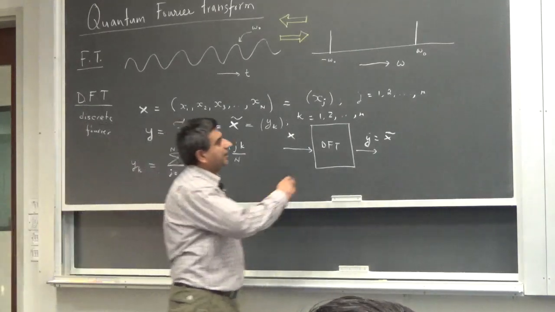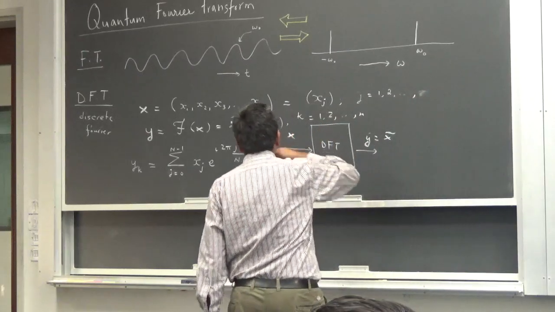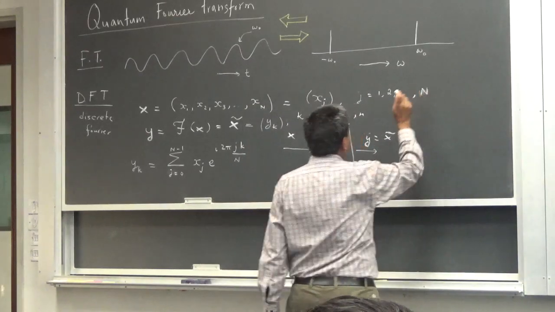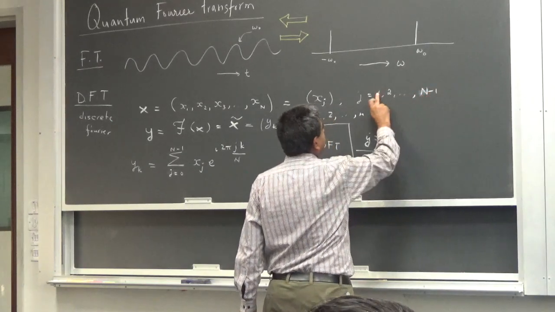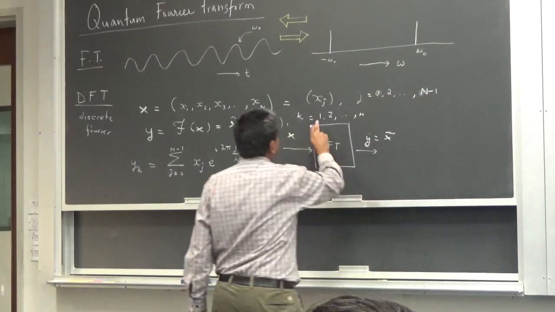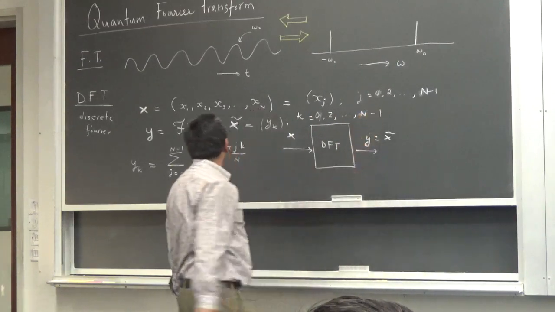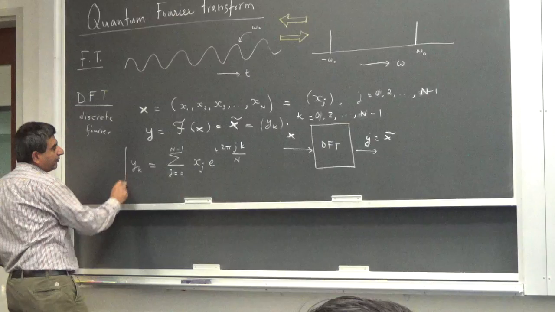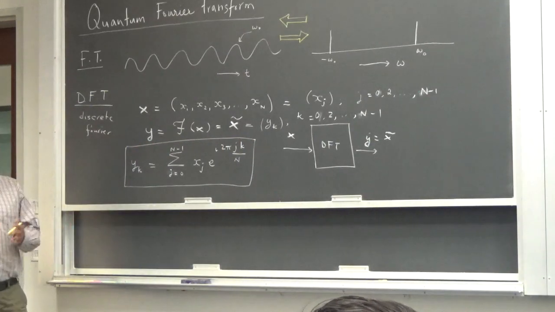So I can start labeling these, let's call this capital N minus 1, and let's start from 0. So this is the definition of the Fourier transform of a vector.